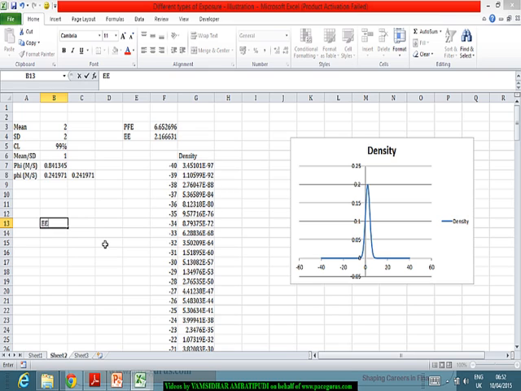I'll take the values twice. Expected exposure, I'll take it 2 times. Similarly, potential future exposure also I'll take 2 times. Why? Just for the graphing purpose. Then what I typically do is, I'll even take from where to where.